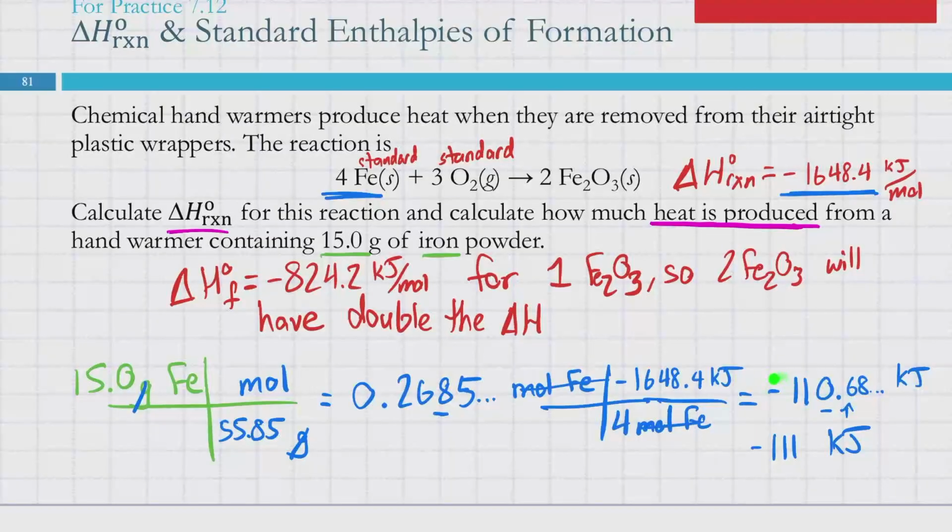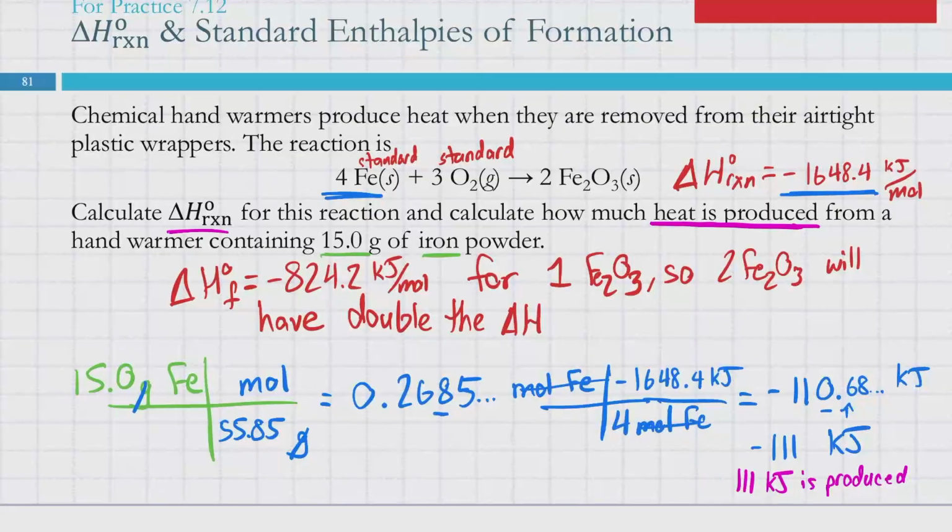The negative sign in front means that this amount of heat is produced. So some might say the correct answer is 111 kilojoules is produced, since that's the amount that's put out. Which is fairly pedantic, maybe.